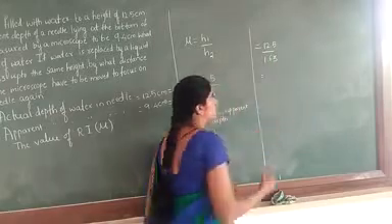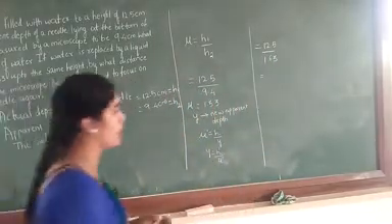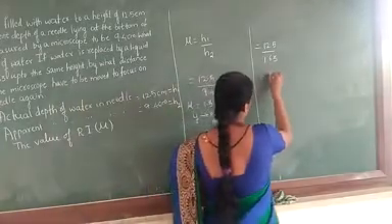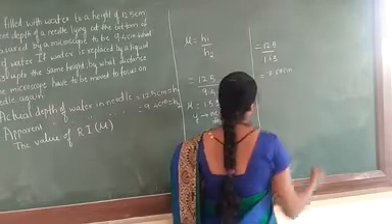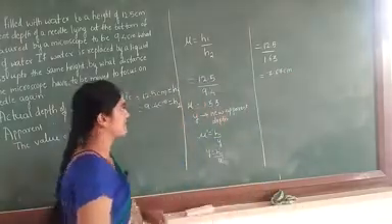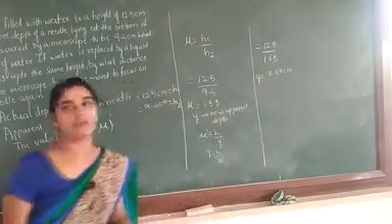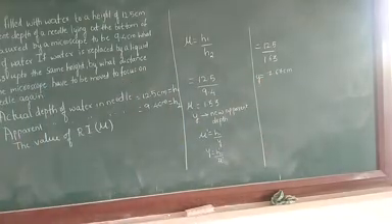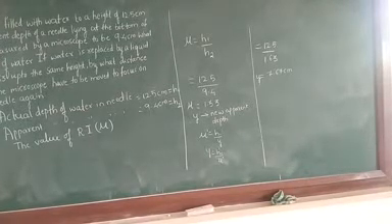Now in the total calculation, we get the answer as 7.67 centimeter. This is the new apparent depth of the needle, 7.67 centimeter.